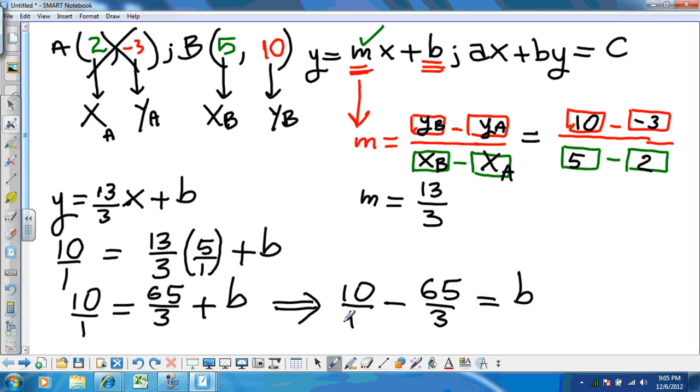Okay? I hope you realize that in order for you to isolate the b or solve for b, we just have to subtract 65 over 3 from both sides. So this means that 10 over 1 minus 65 over 3 equals b.